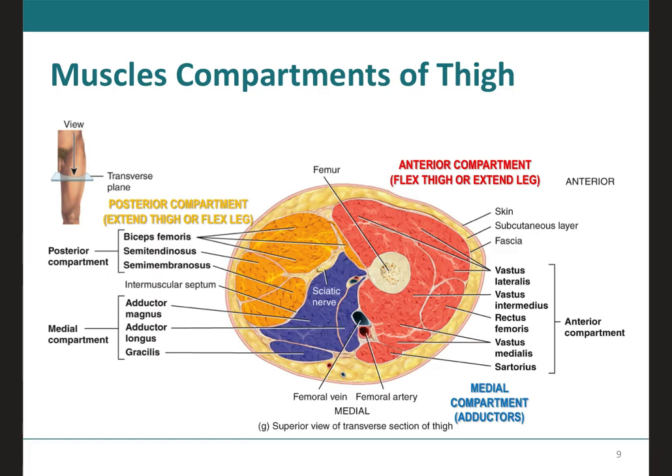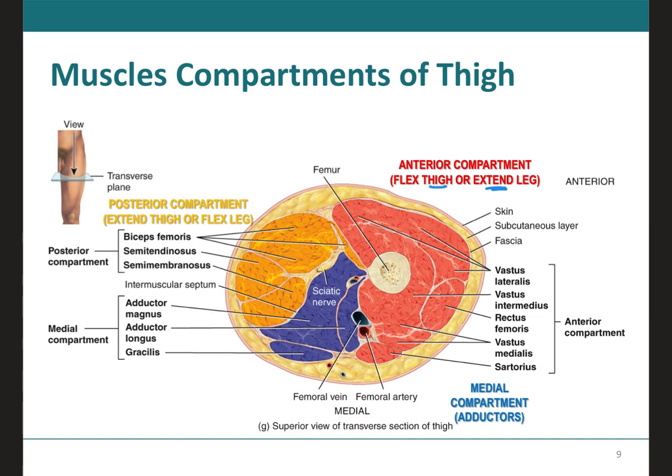With regards to the compartments of the thigh, the same thing applies as we saw in the upper limbs. The muscles located in the anterior compartment serve as flexors of the thigh, and they also serve as extensors of the knee, which we will see in the next few slides.